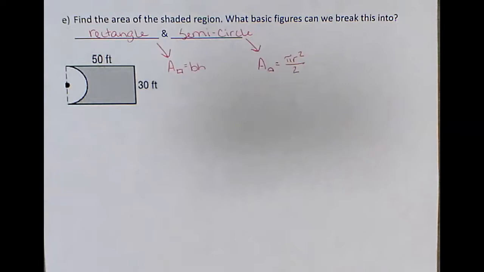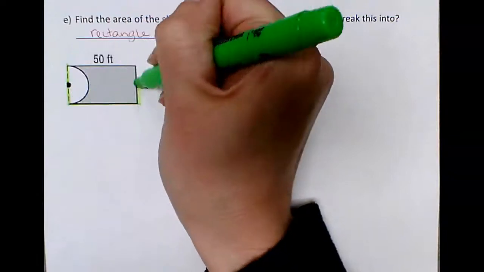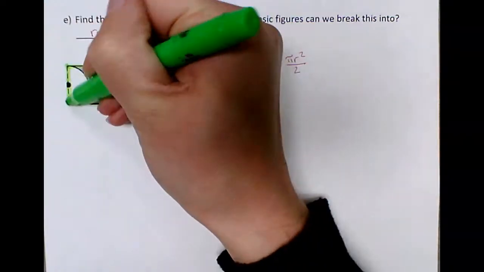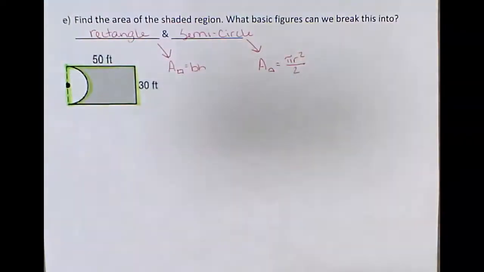So hopefully you saw this large rectangle here, and then this little semicircle that's kind of cutting into it. So in this situation, we're finding the area of the shaded region, which is the area of that rectangle, and then we need to subtract out that blank space, that area of the semicircle.